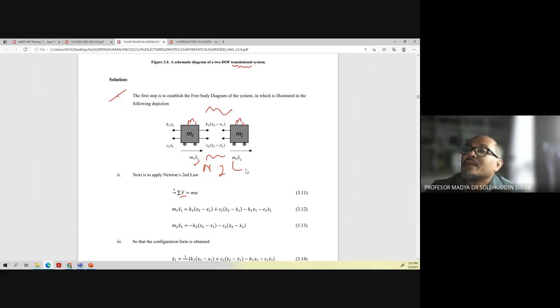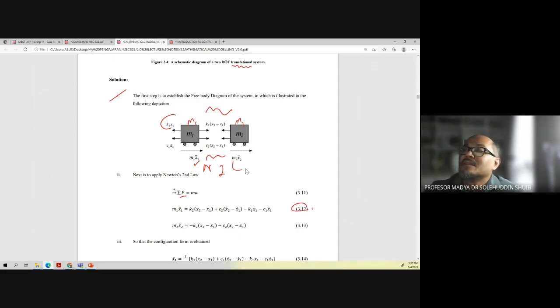So you have K2 (X2 minus X1) plus C2 (X dot 2 minus X dot 1), and then minus K1 X1, opposite direction, and minus C1 X dot 1.